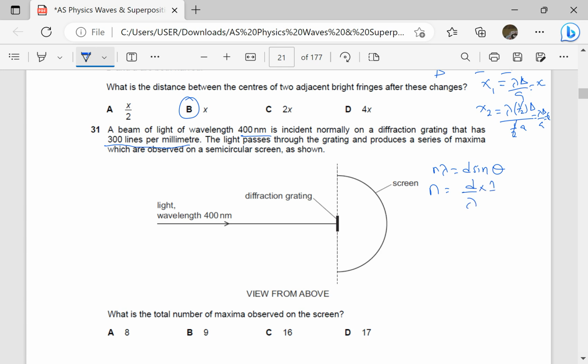But remember, there will be a central bright fringe, which corresponds to n equals 0, and there will be n maximum on that side and n maximum on the other side because they are symmetrical around the center. So n maximum this side and n maximum that side, then plus 1, which corresponds to n equals 0. So the answer must be an odd number, that is 1.